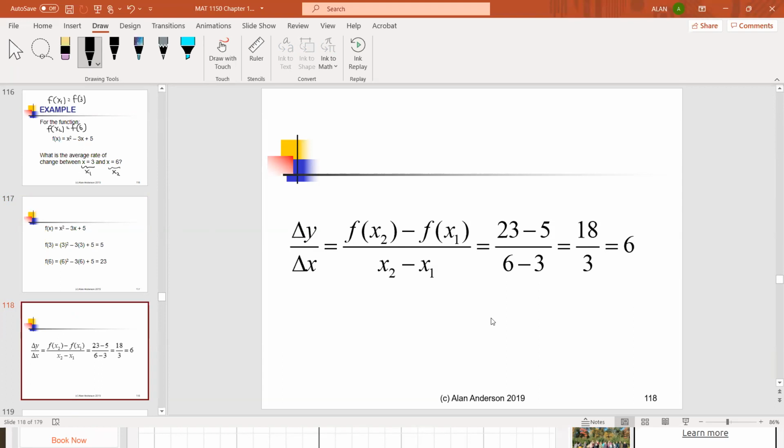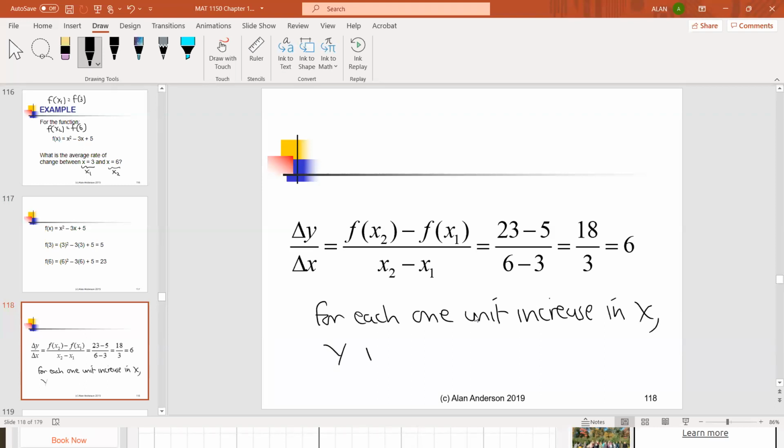So over that time frame, on average, when x went up by 1, y went up by 6. So for each 1 unit increase in x, y increases by 6. Now, by the way, this works in both directions.